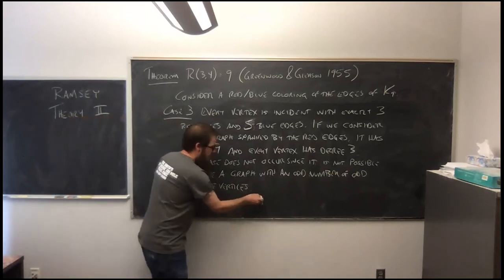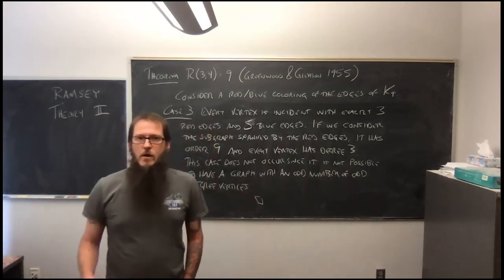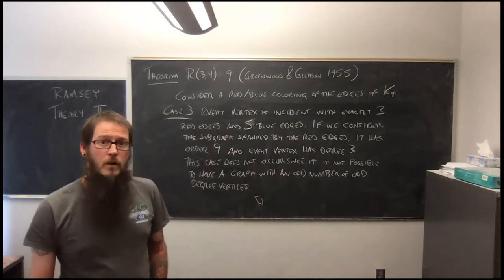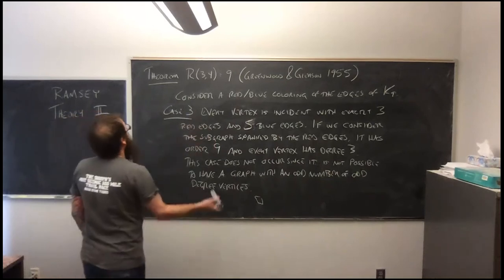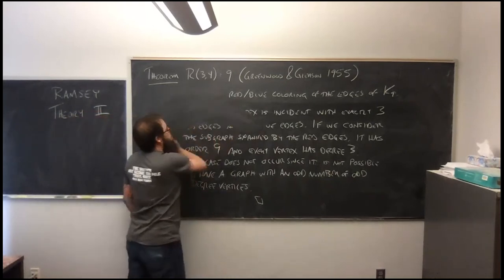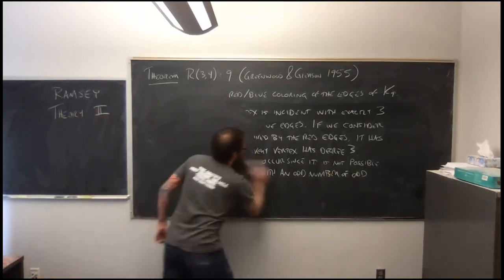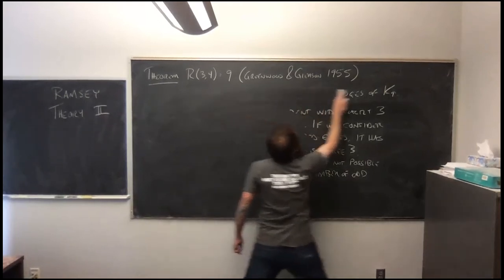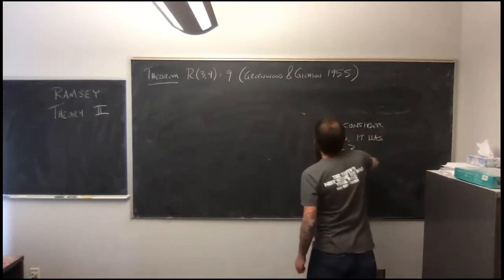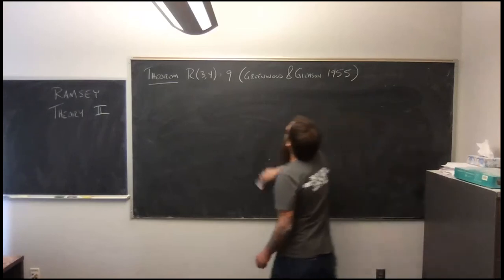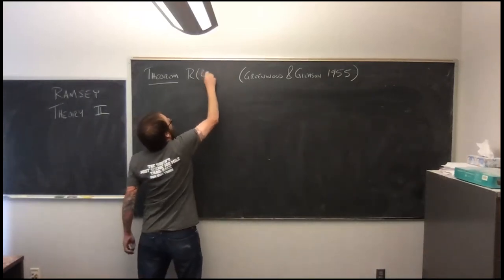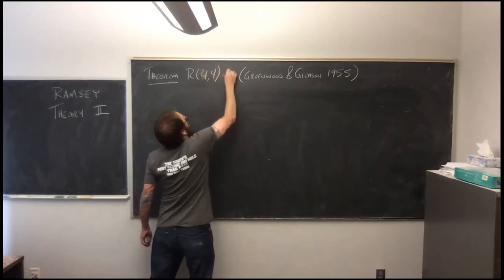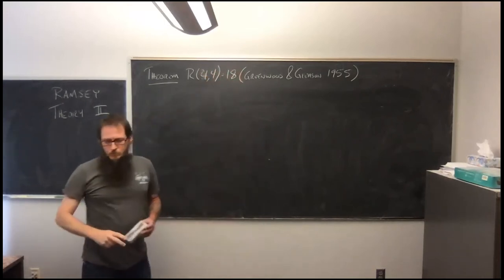Now, the second theorem that I'd like for us to look at in this video is the case of R of 4, 4. This one gets a little bit more complicated, but it's also due to Greenwood and Gleason. What they proved was that R of 4, 4 is 18.